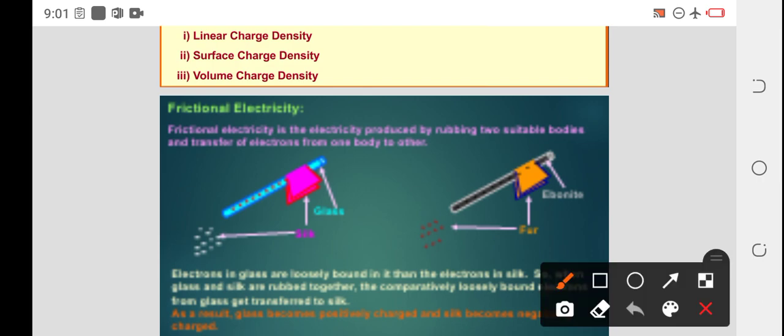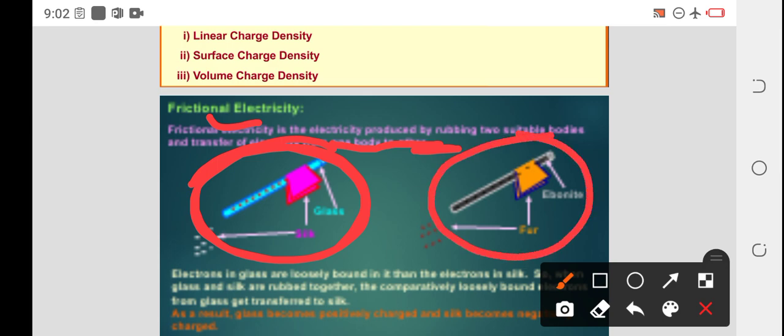Just take note of the concept of frictional electricity. Frictional electricity is the electricity produced by rubbing of two bodies.